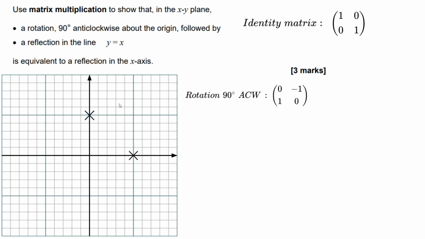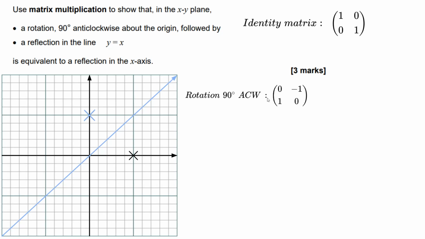Now let's get rid of these. Now let's look for the transformation which represents a reflection in y equals x. So remember, keep these same identity matrix points on. Drawing y equals x. This point always goes first, remember. So this point will go over here. So we've gone from 1, 0 to 0, 1.